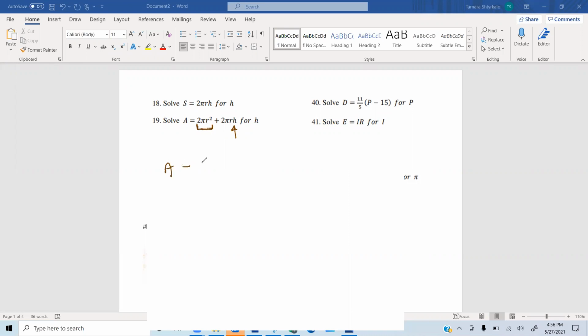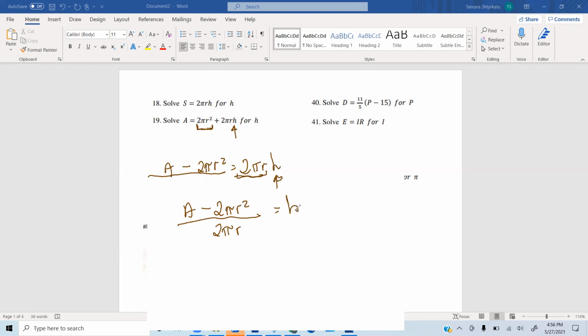So it's going to be a minus that 2 pi r squared equals 2 pi r h, and I want to solve for h. So I'm going to treat this section like a coefficient. So I'm going to divide that entire side by the 2 pi r. So it'll be a minus 2 pi r squared over the entire thing over 2 pi r equals h.